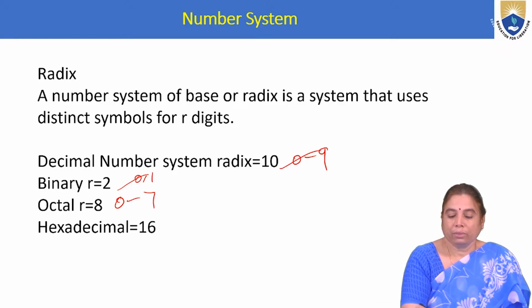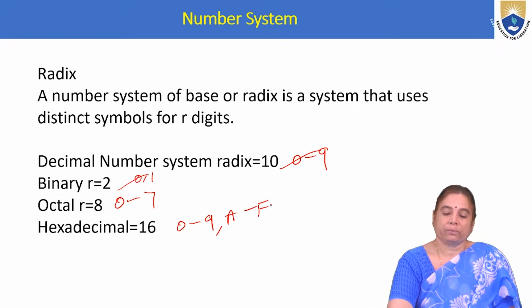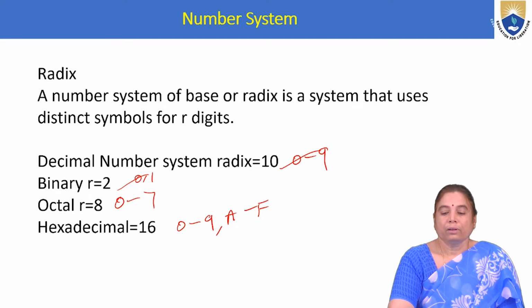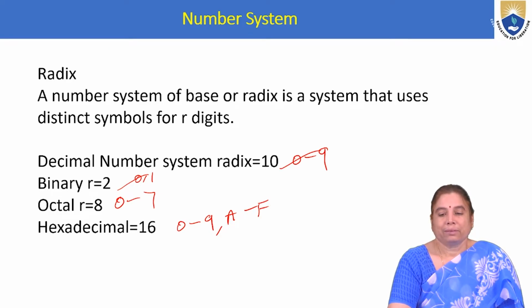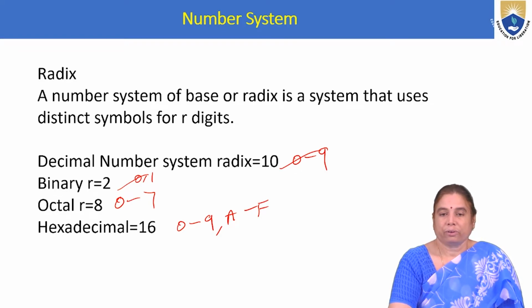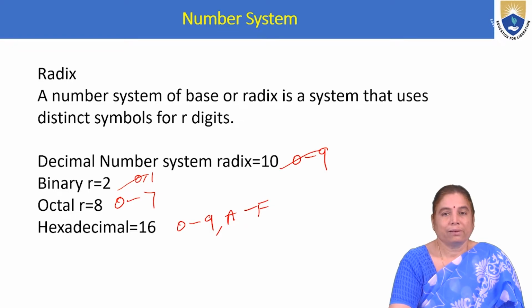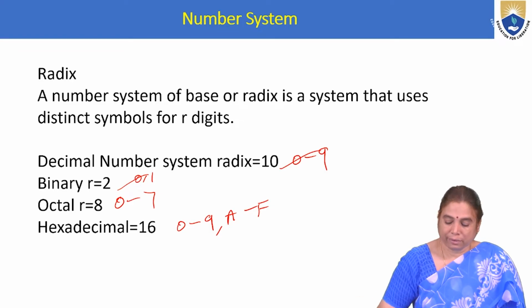We have the numbers 0 to 9, and for the remaining we use the letters A to F to represent the corresponding digits. So the radix or base represents the total number of symbols that can be used in that particular number system. We have the decimal, binary, octal, and hexadecimal number systems.